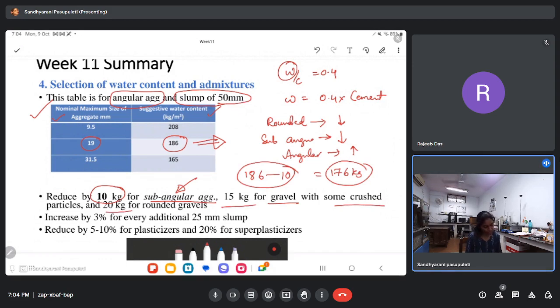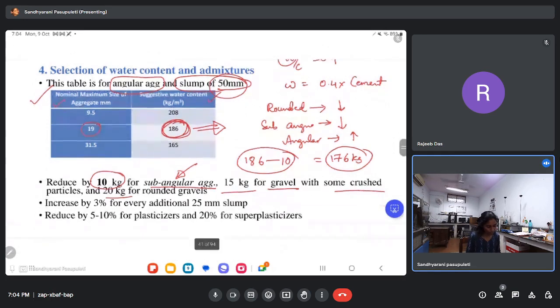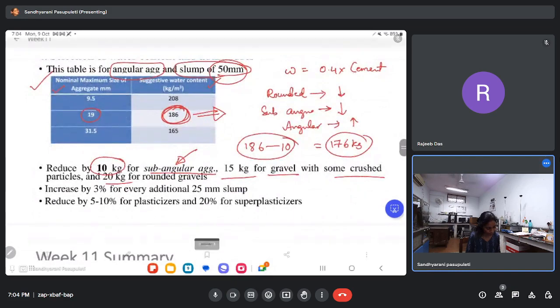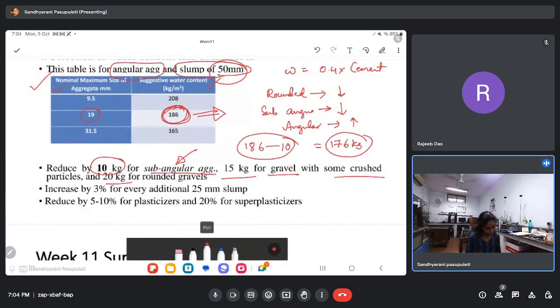In addition, this table is applicable for 50 mm slump. That means for a very loose mix, 186 is the water content. Let us say I don't want to produce a slump of 50 mm, I want to produce a slump of 25 mm. That means a stiffer material. Then I don't need to add the higher amount of water; I need to reduce the water content. How much do we have to reduce?